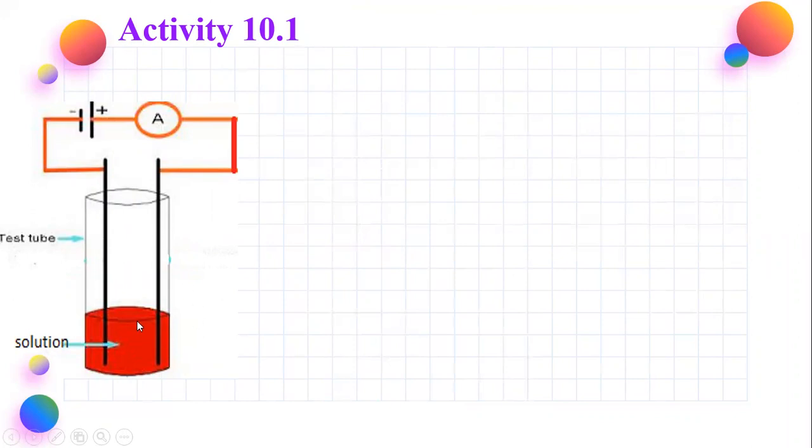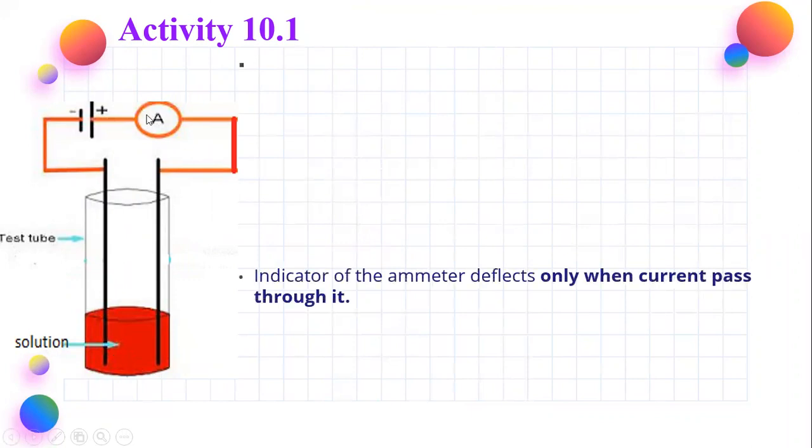Here we take 5 different solutions to check whether all liquids can conduct electricity. If the ammeter gets a current through it, it deflects. So if it deflects, we can say that the liquid conducts electricity.